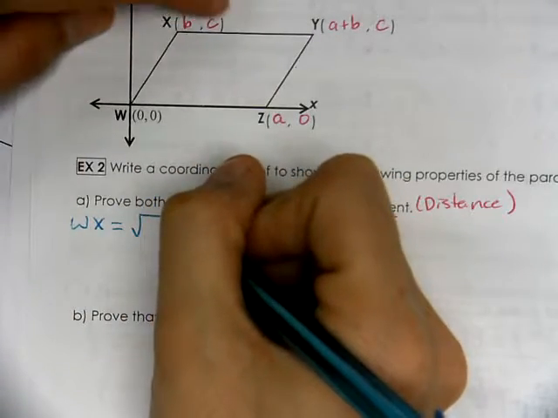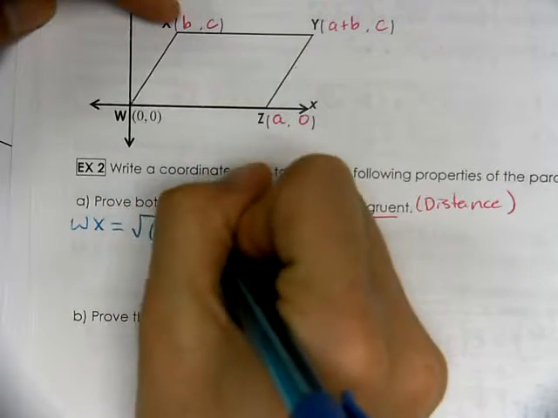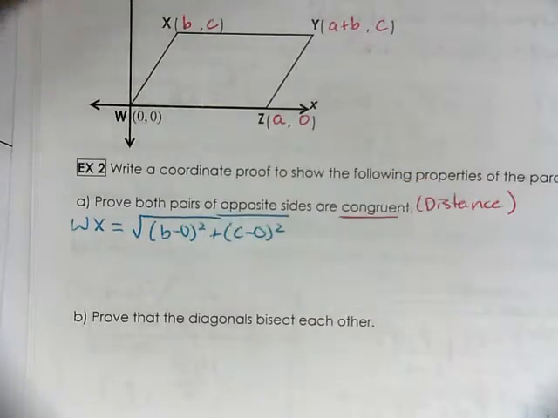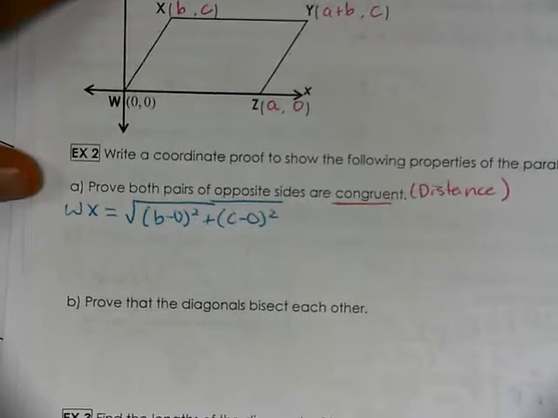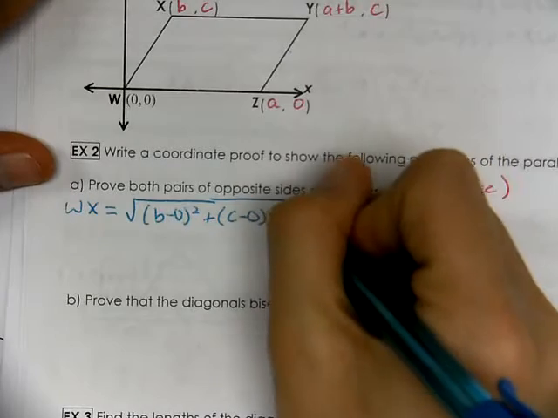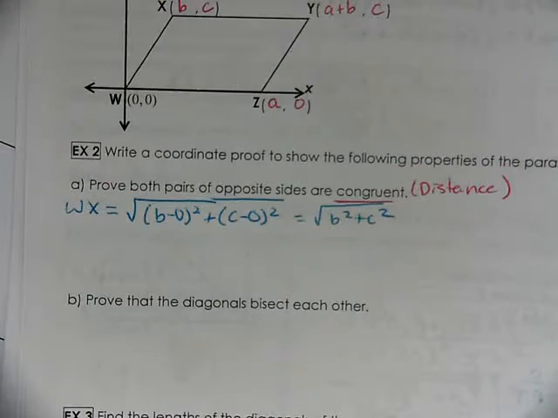This is going to be X2, Y2, X1, Y1. B minus 0 squared plus C minus 0 squared. So what do we end up with? Yeah, the square root of B squared plus C squared.